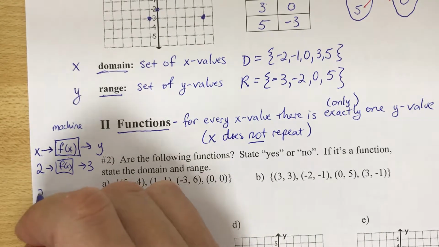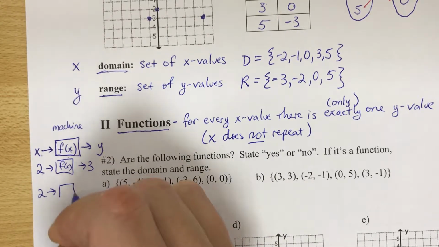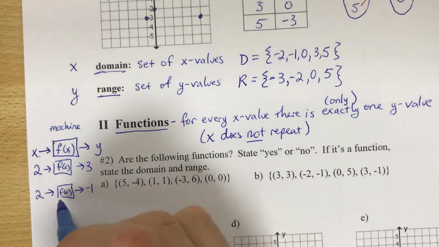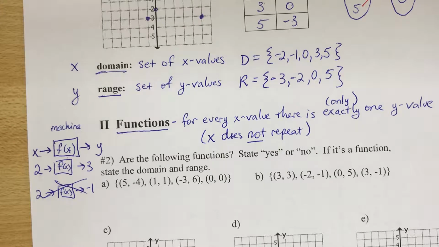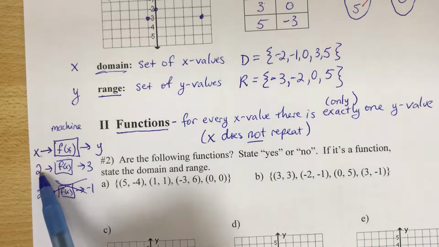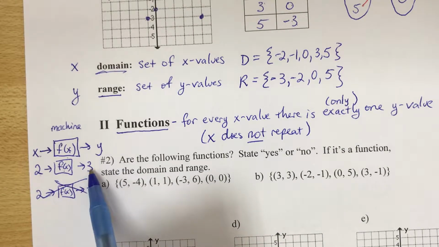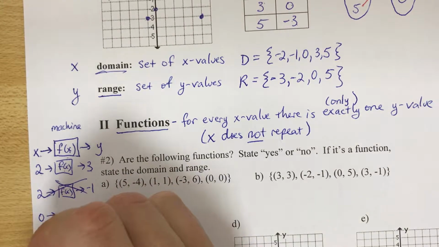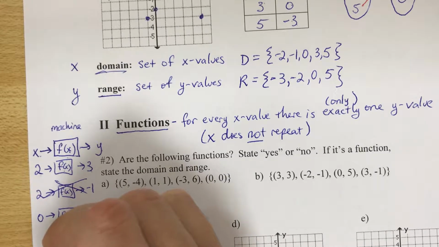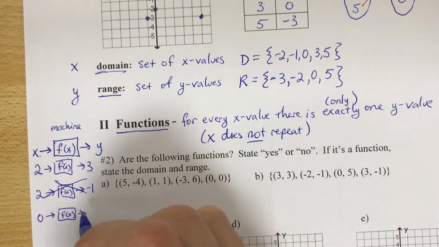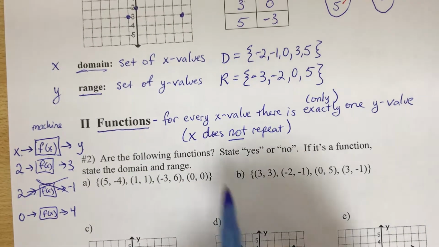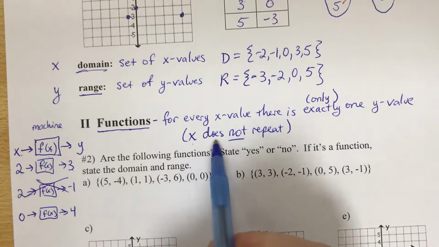So it doesn't make sense if I put a 2 in the next time and I get a different answer. That is not a function. Okay? So you put in the x, you get out a y, but you only get one y for that. Now if I put in a different x, if I put in 0, then I probably get a different y value, most likely. That's okay. All right, but the key thing for a function is x cannot repeat.